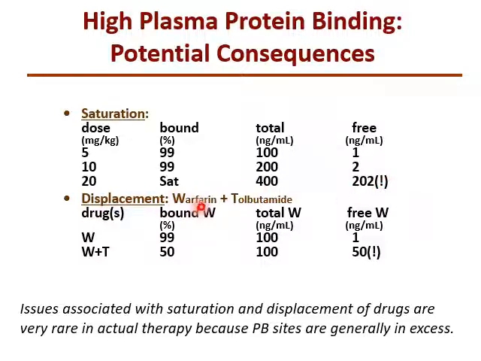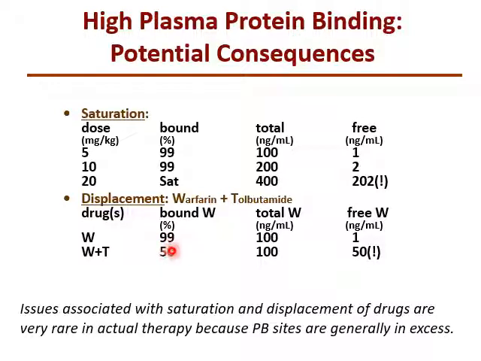In terms of displacement, we have, for example, warfarin and tolbutamide, a well-known drug interaction. Warfarin by itself is about 99% protein bound, so for every 99 molecules bound, you have 1 molecule free. But how about when tolbutamide is added? Tolbutamide knocks warfarin off its plasma protein binding site, so that now maybe the percent bound warfarin goes down from 99 to 50, hypothetically.